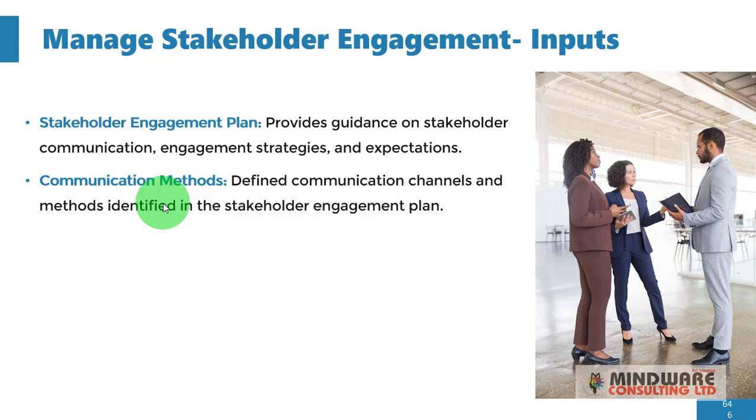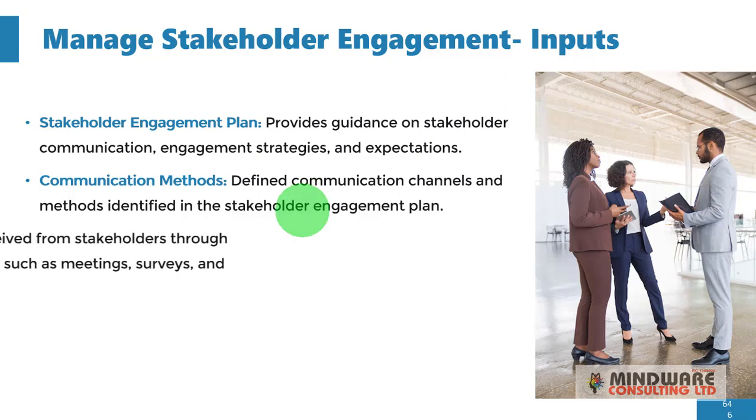You're using Slack, Teams, Zoom, Meet. So you have to have the communication methods in place, and it could not be just one communication method you're using. You could have several.